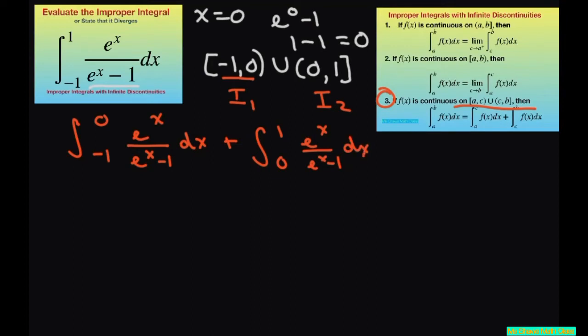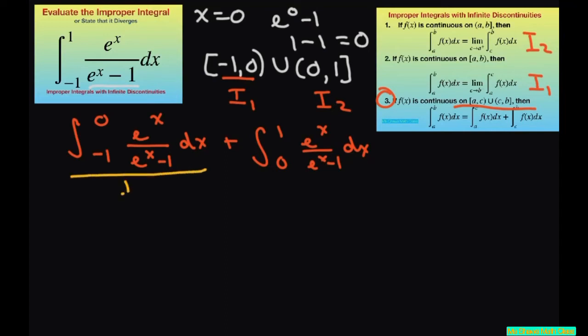Now, this is how we do integral 1, and this is how we're going to do integral 2, if we get a limit for integral 1. If we don't, we can stop if it's divergent. So let's go ahead and do integral 1.